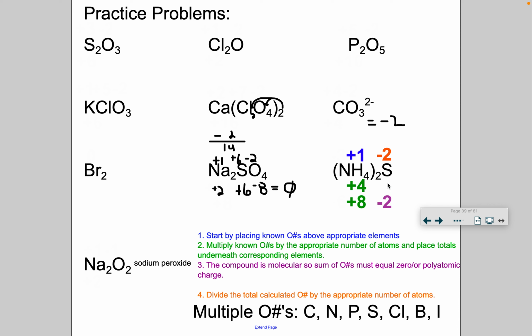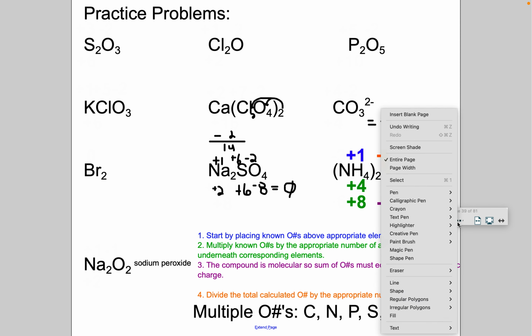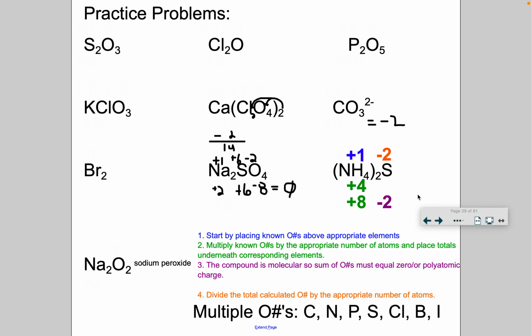Okay? So that means what does the charge on nitrogen have to be in order for all of this to balance out? That's supposed to be an equal sign. Oh, gosh. Okay, wow. Epically messed up on my 0 there. So, x plus 8 minus 2, add 2, subtract.